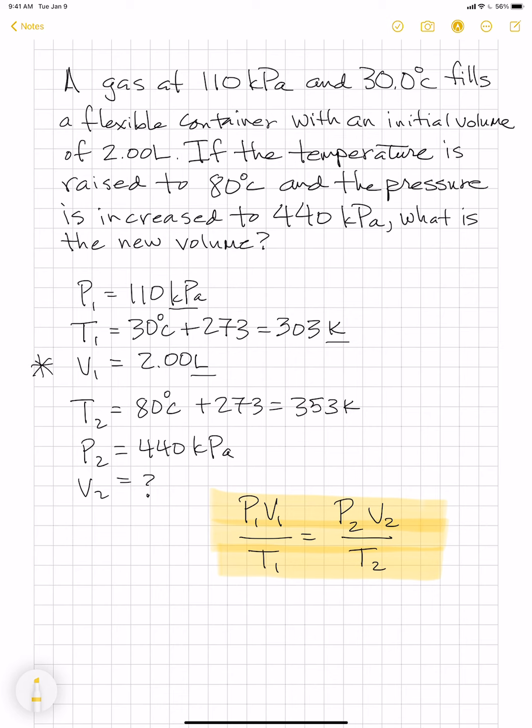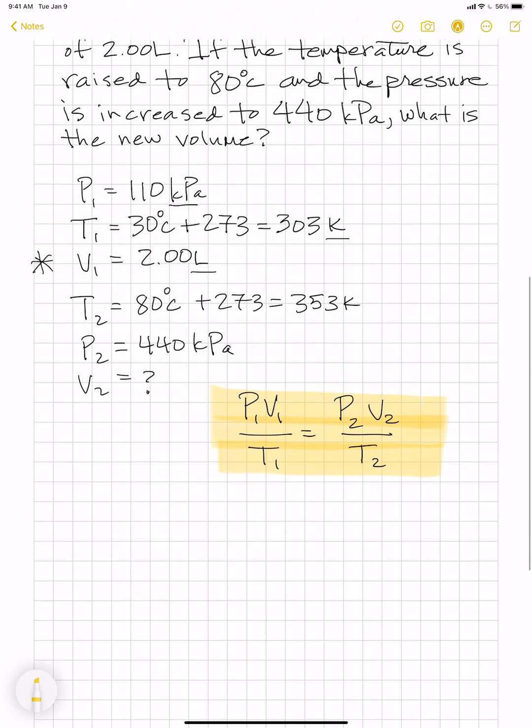All right, guys, it's already written for you. All right, now we have to play the game of plugging in numbers. So where there's P1, we're going to plug in the number 110 kilopascal. So you need to go slow here, okay? Because you don't want to make a foolish mistake, all right? Don't make a foolish mistake.